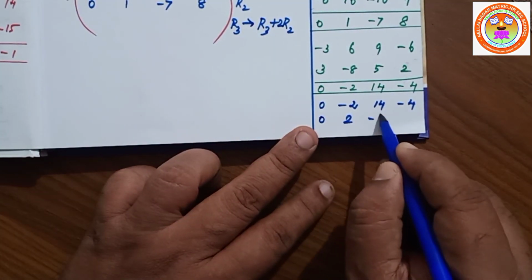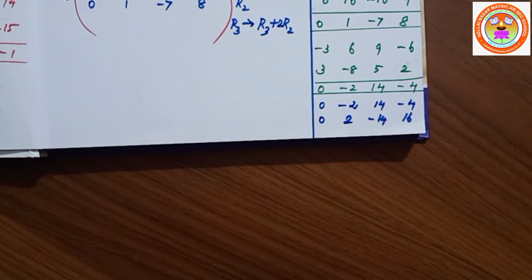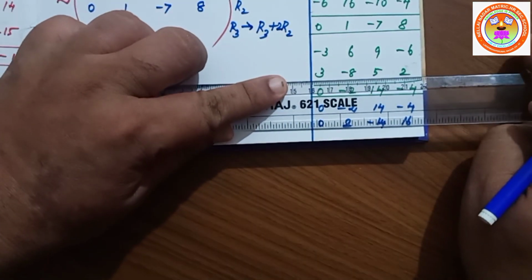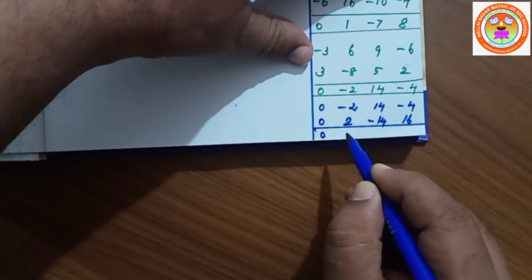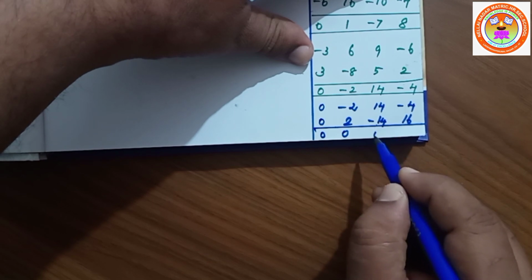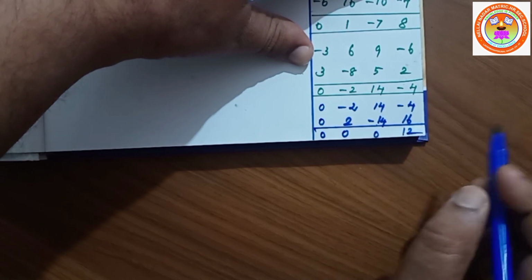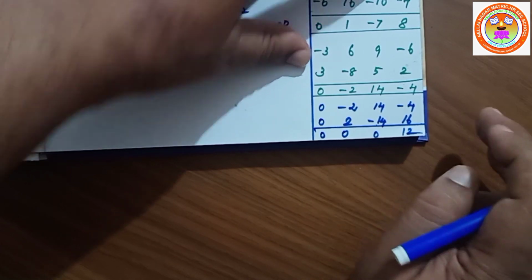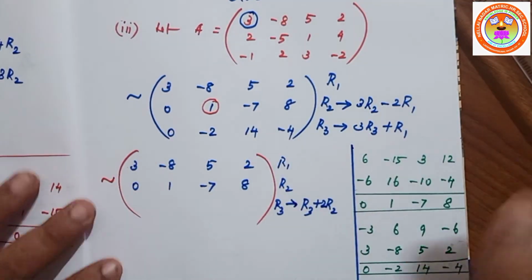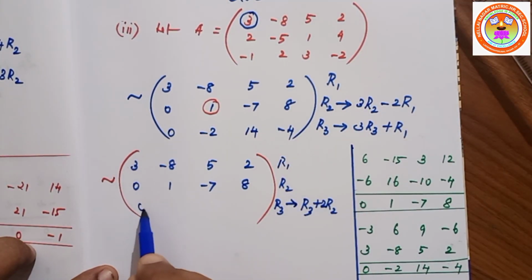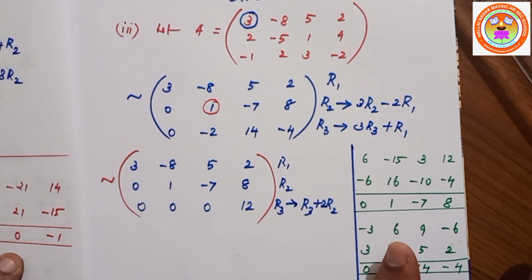Now 0 plus 0, 0. Minus 2 plus 2, 0. 14 minus 14, 0. Minus 4 plus 16, that is equal to 12. So 0, 0, 0 and 12, right here. Over.